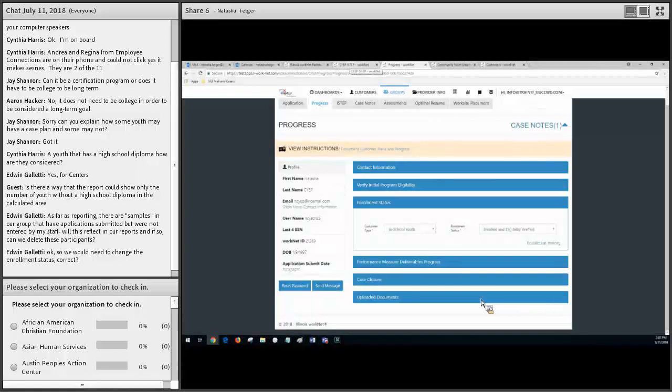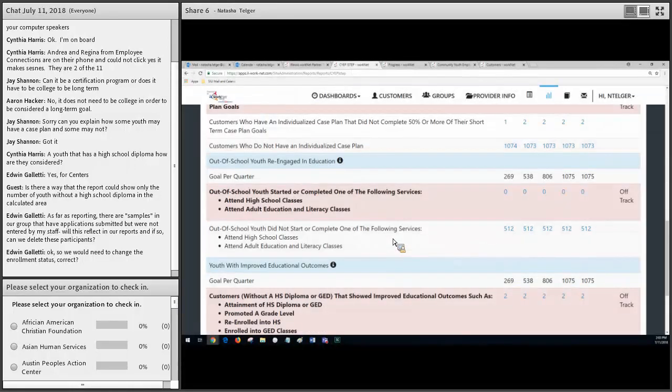Right. And Natasha, could you go back in a second here? You're probably on your way to the performance report really quickly. So I'm with you. Again, the idea is that the youth who are not in school and who have not completed high school, we should be working with those youth to actively re-engage in education.